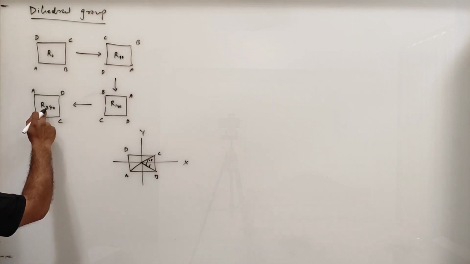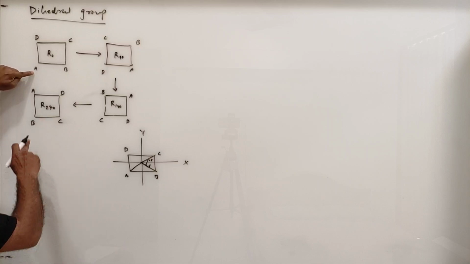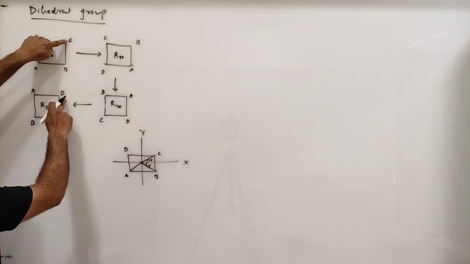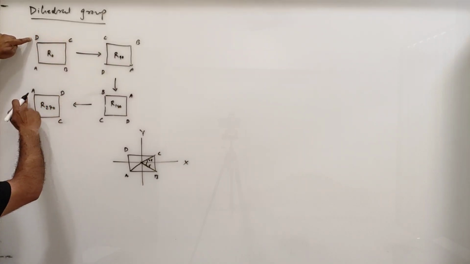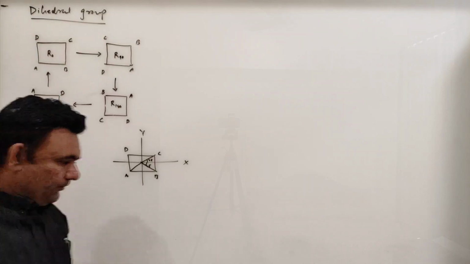And you give the anti-clockwise 90 degree rotation to R270, then A will occupy the position of B, B will occupy the position of C, C will occupy the position of D, and D will occupy the position of A. So I get the same R0 back, right?